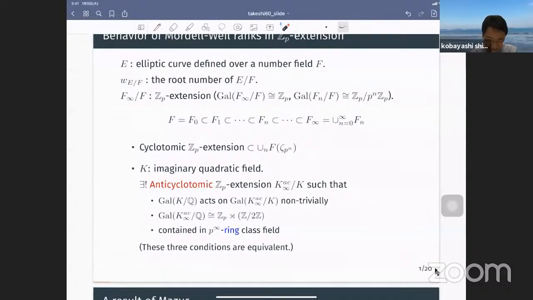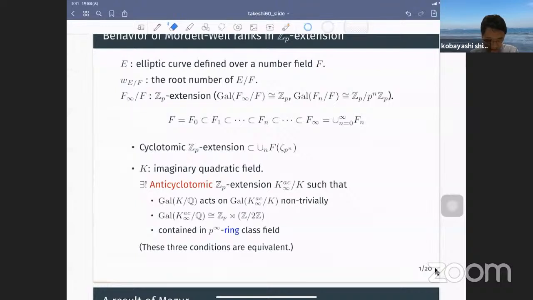The anticyclotomic Z_p-extension is characterized by the following equivalent properties. First, the Galois group of K over Q, so complex conjugation, acts on the Galois group of the Z_p-extension non-trivially.